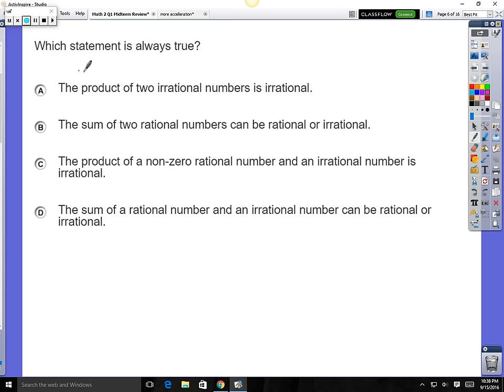Which statement is always true? The product of two irrationals is irrational. Okay, that is false, because if you take two irrationals, so if I take a square root of 3 and I times it, that's irrational by itself, square root of 3, that creates a square root of 9, which is awesome because that is rational.